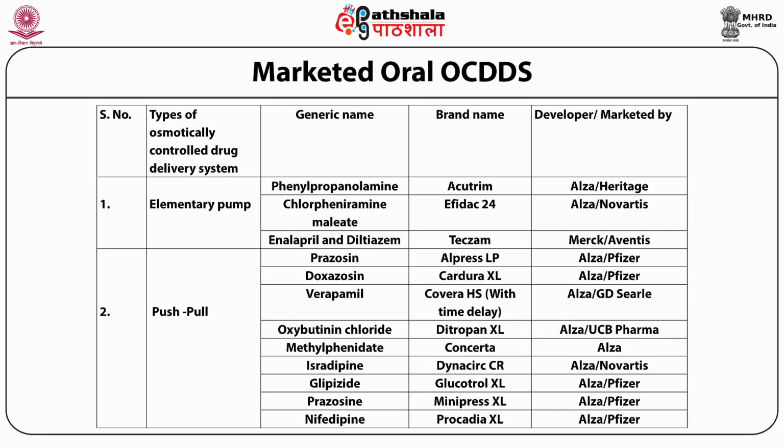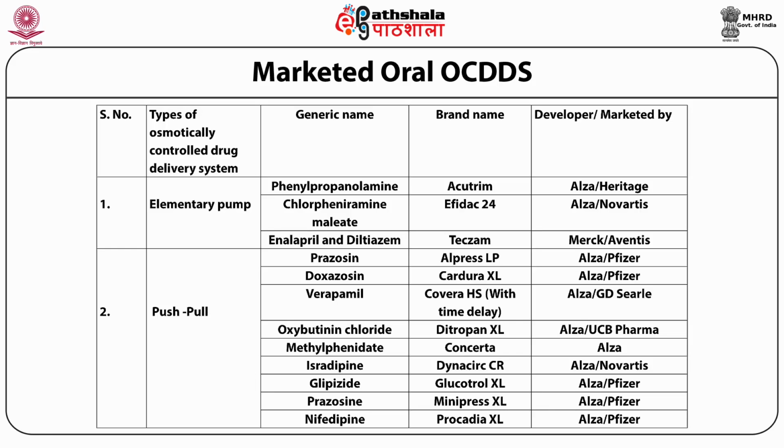There are some different kinds that I already explained: the elementary pump and the push-pull system. Some generic drugs in the elementary pump are phenylpropanolamine, enalapril, diltiazem, and chlorpheniramine. These are some of the brand names they have, such as Acutrim and Efidac, from companies now marketing this.